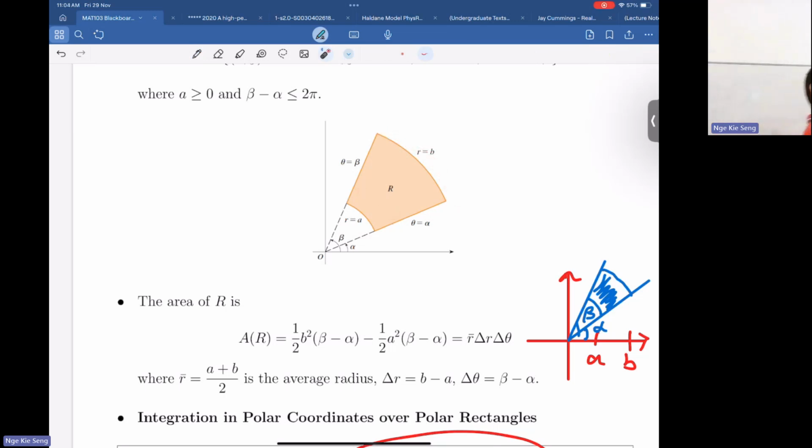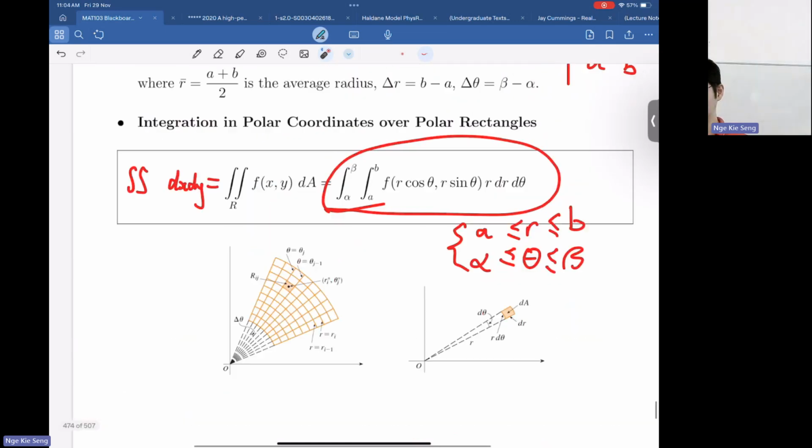But can you imagine that if I take smaller and smaller polar rectangles, it actually looks like a rectangle, because the curved sides get straighter and straighter, right? So it's calculating the same thing when you take the limit to smaller and smaller polar rectangles.